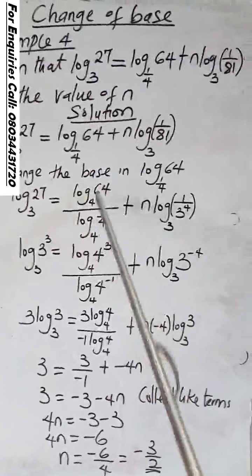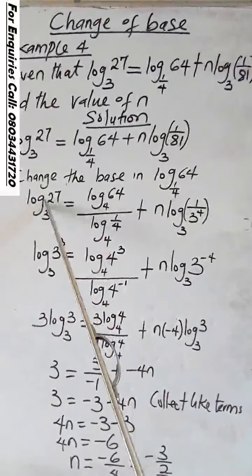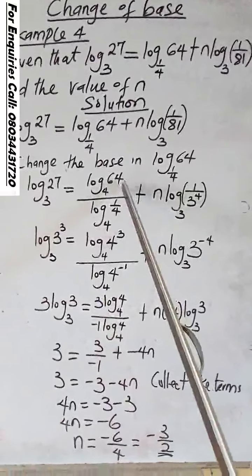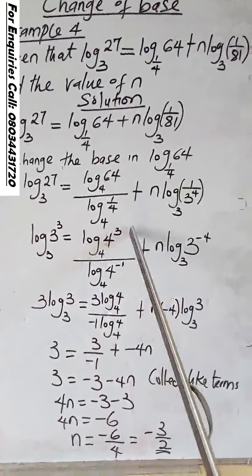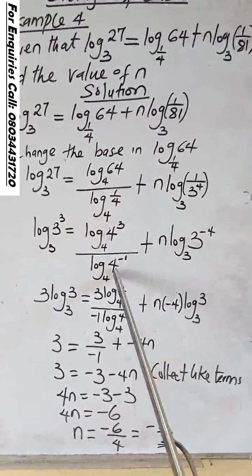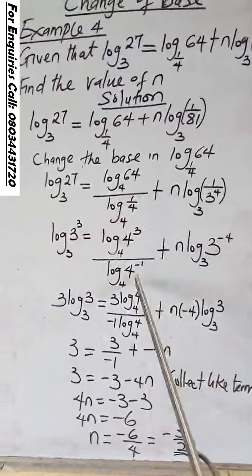We will now pick a new base. So 27 can be reduced as 3 raised to the power 3. 64 can be reduced to 4 raised to the power 3. And 1/4 can be reduced as 4 raised to the power minus 1. This is a fraction, change it to index.